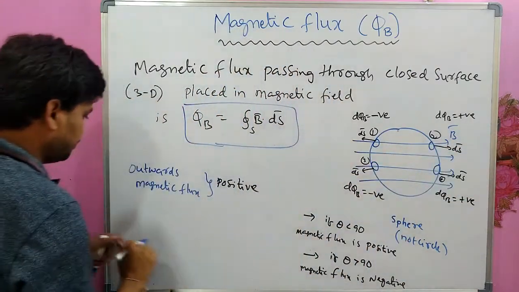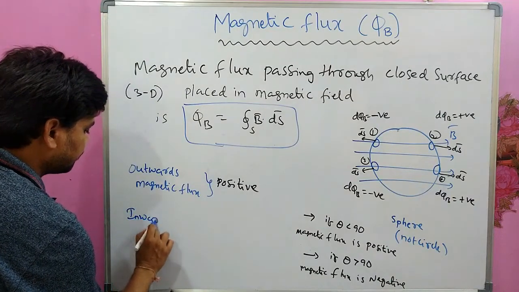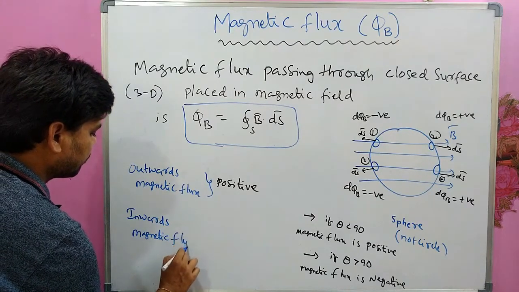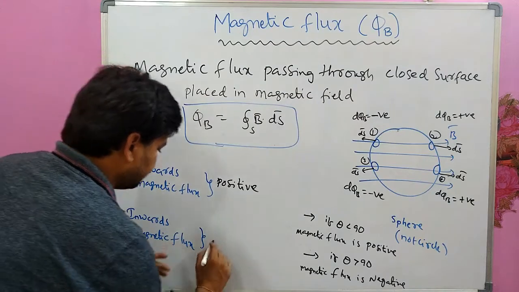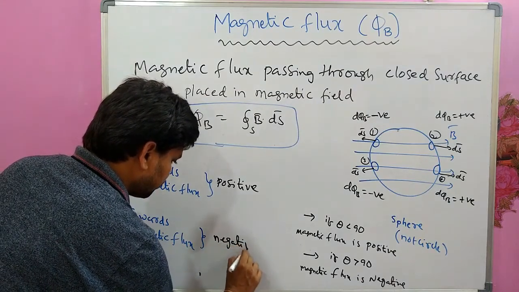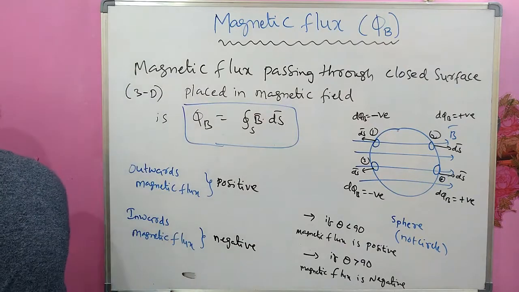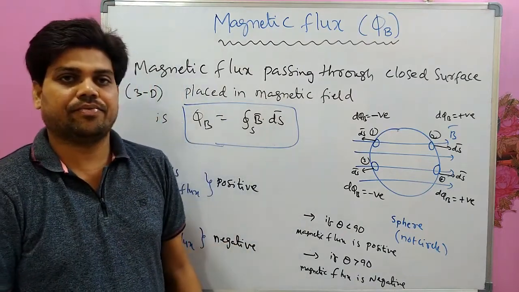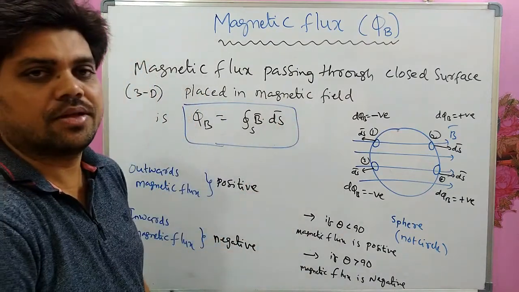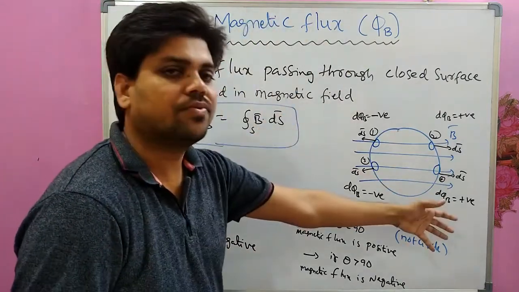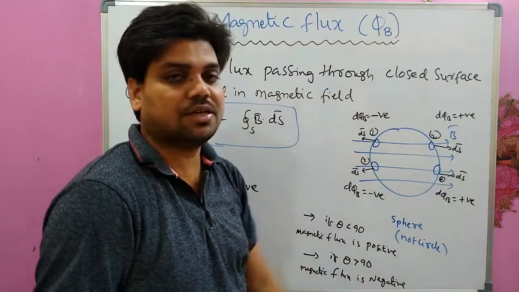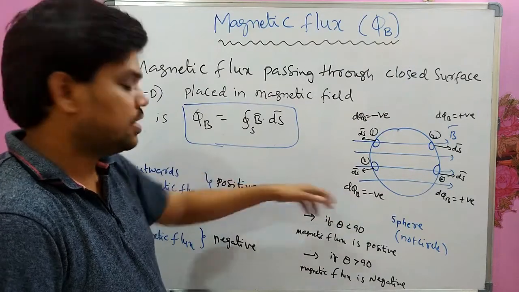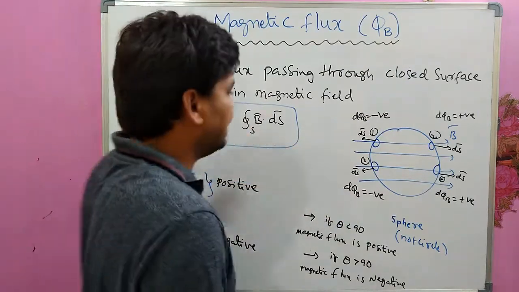So inwards magnetic flux is negative, because magnetic flux is a scalar quantity. It can be positive, it can be negative. The magnetic flux is positive if magnetic field lines are leaving the surface, and magnetic flux is negative if magnetic field lines are entering the surface.